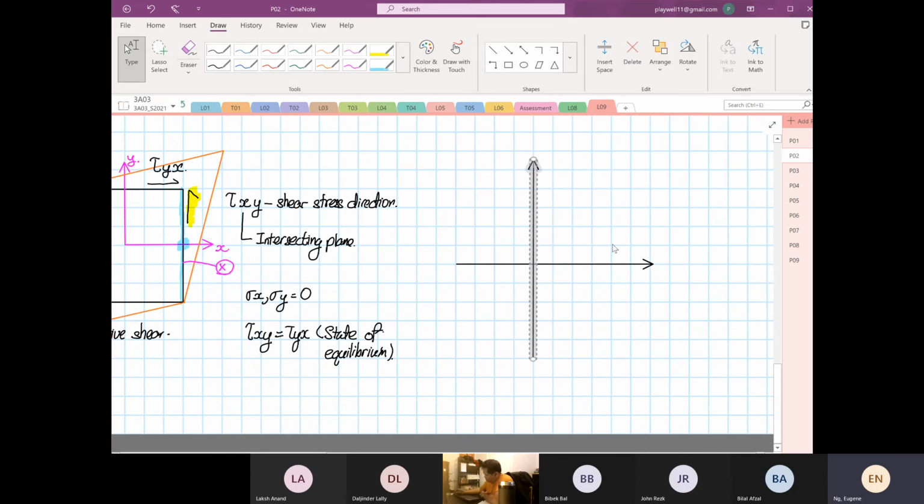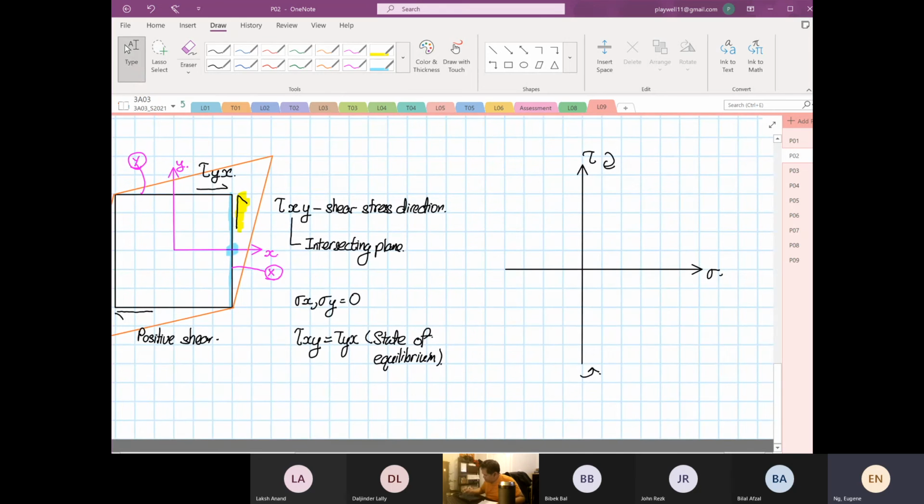Okay, so we know that this is our normal stress, and this is our shearing stress. Element rotate clockwise and element rotate anti-clockwise. Okay, so we have to identify where point X and point Y are on this circle. So you know that our normal stresses are 0, so this line over here is our stress X and our stress Y line, right?